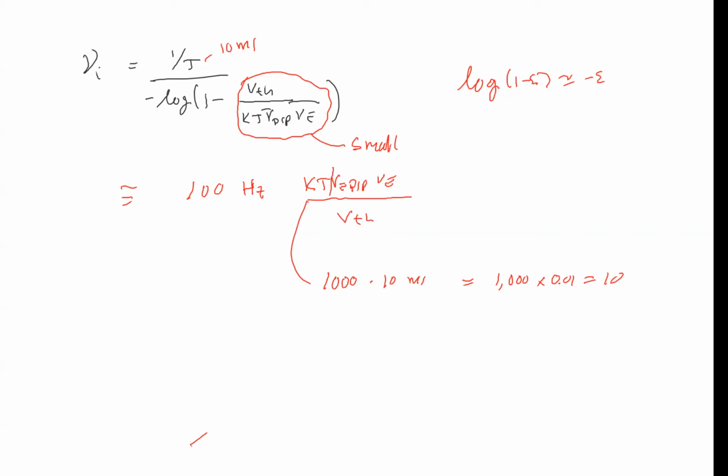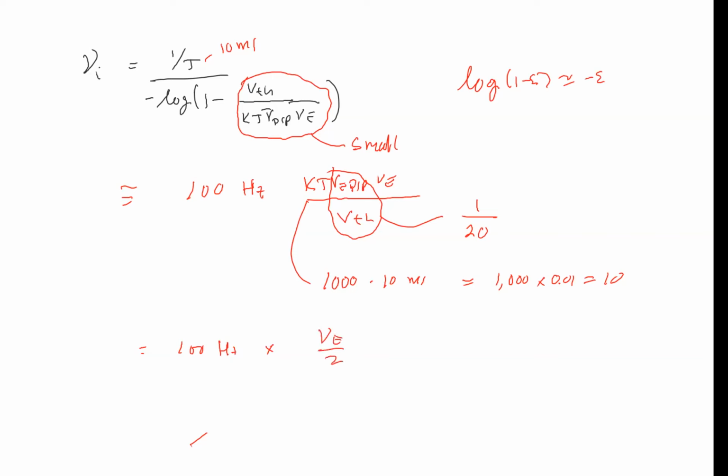So this ratio is about, let's say, 1 over 20. Okay, distance to threshold is about 15 millivolts or so. So basically, this is 100 hertz times, let's say, nu_E over 2.